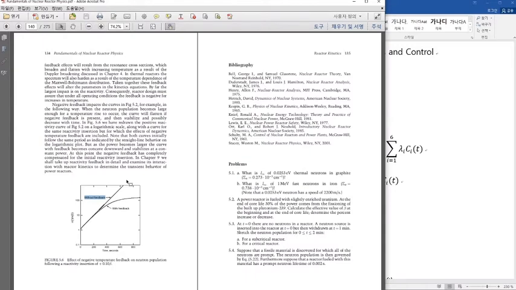So that is a kind of feedback effect: by increasing the power through positive reactivity, eventually negative reactivity will be naturally inserted into the reactor. So this negative reactivity feedback is given.